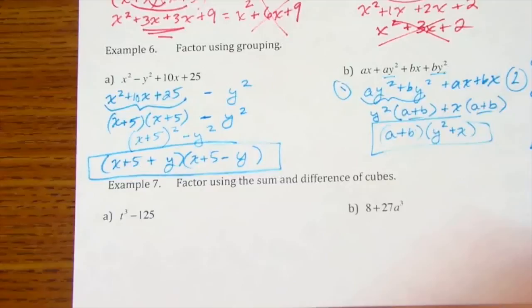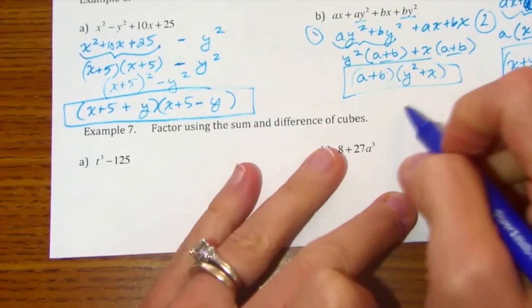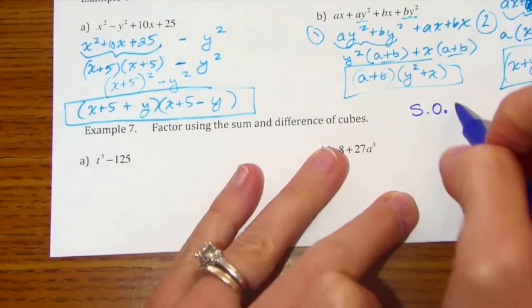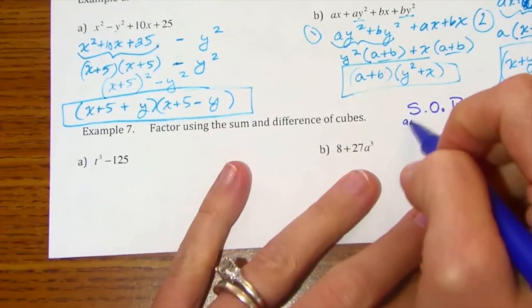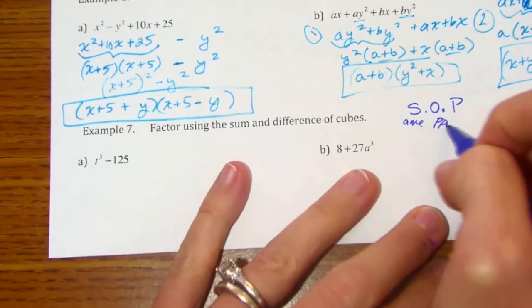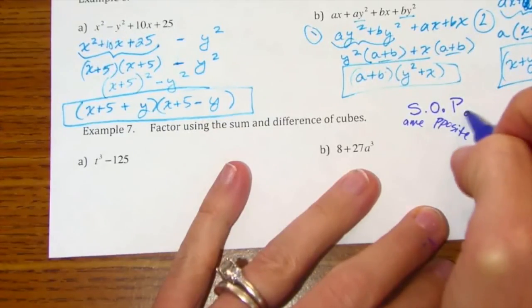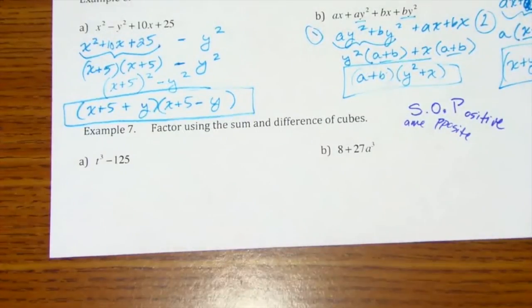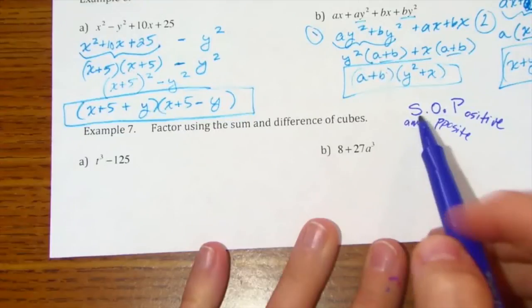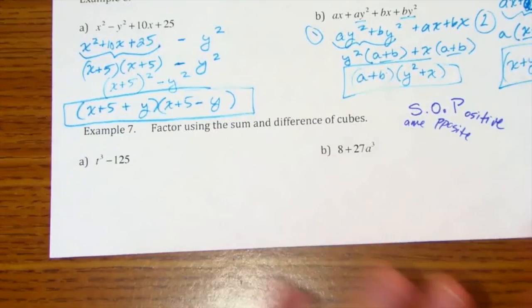Okay. I'm going to squeeze in this last example. For example 7, you guys are going to be using something called SOP. And what this is: same, opposite, positive. Some people will say soap, and they'll say same, opposite, always positive. Some people will just say SOP.